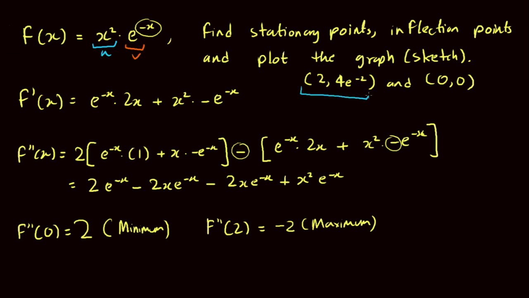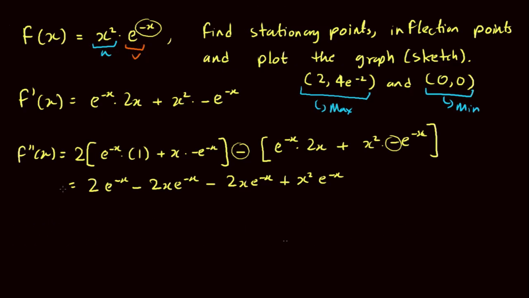This is our max and this is our min. Now if you want to find the inflection points, I'm going to be erasing this by the way. To find the inflection points, it's pretty straightforward. We have to make sure that f double prime x is equal to 0.